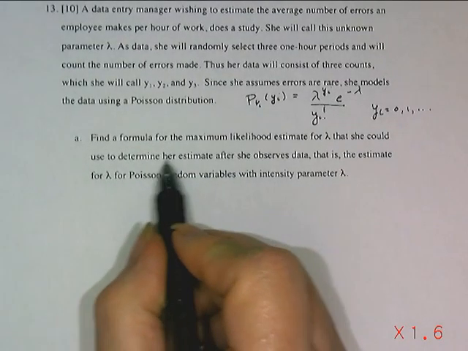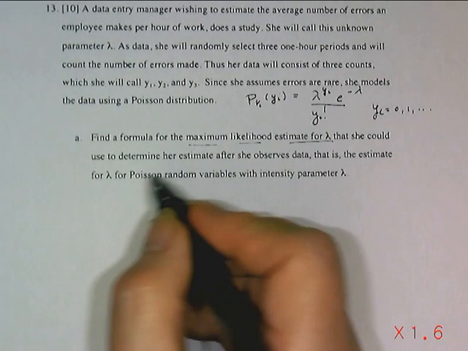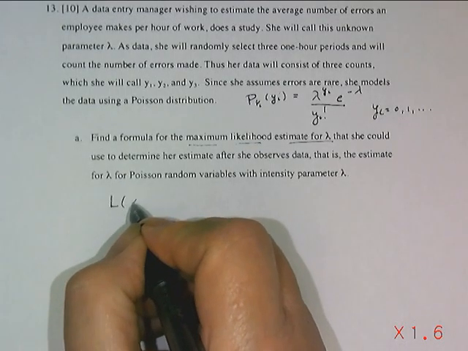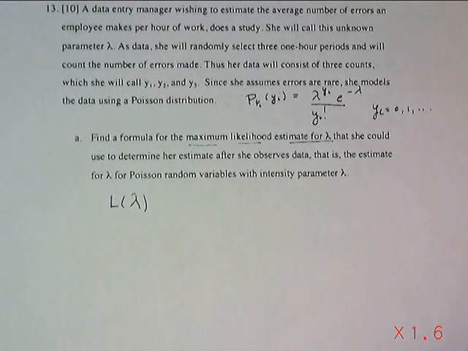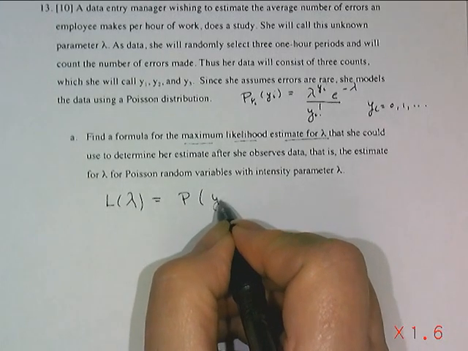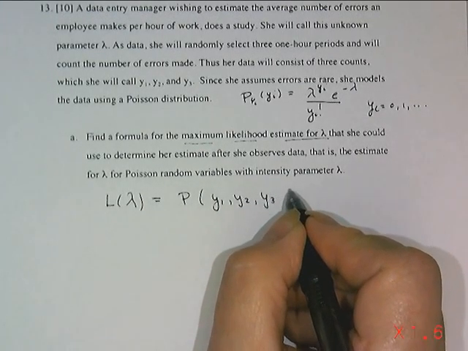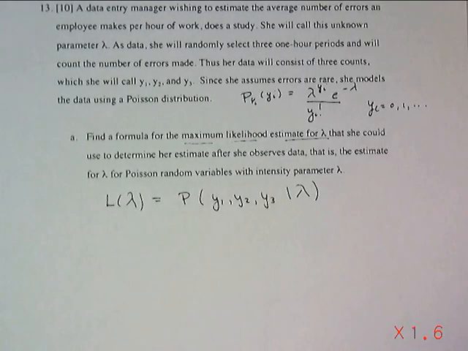Now we want to find the maximum likelihood estimate for lambda, which means we want to look at the likelihood function for lambda, which is the probability of the data y1, y2, y3, given we knew what lambda was.